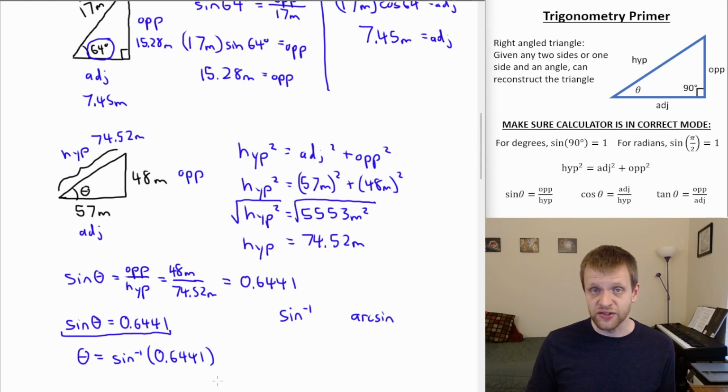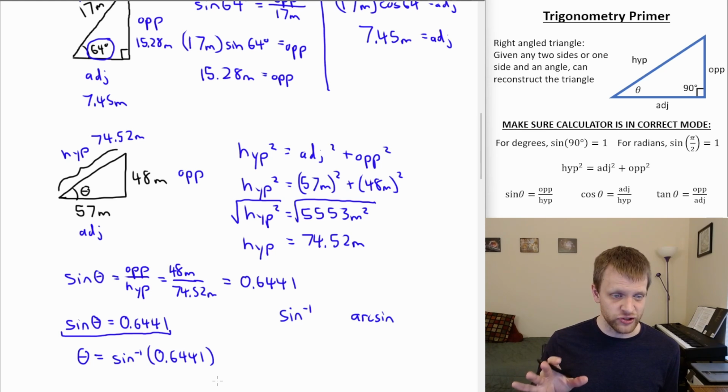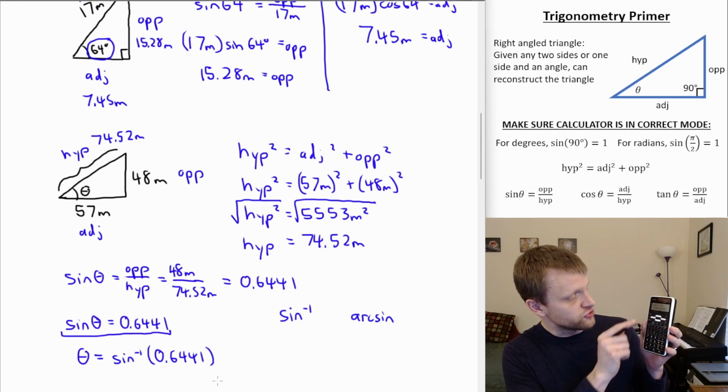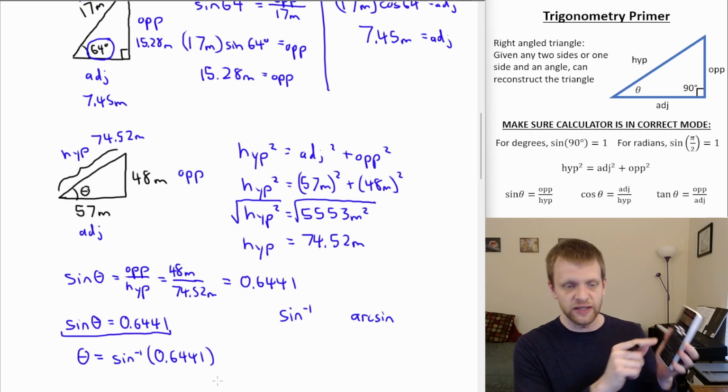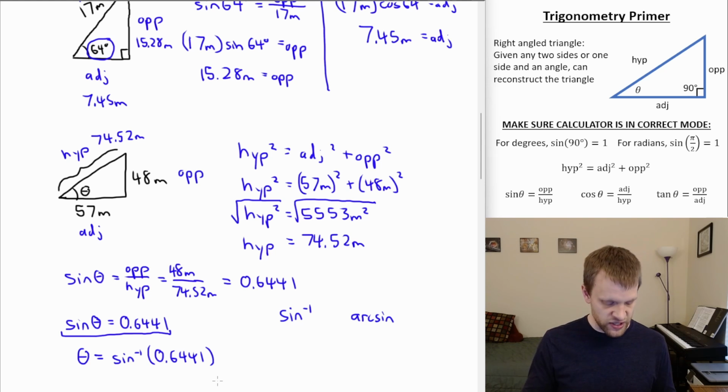And this, again, is something that you can plug into your calculator. You might have to check to make sure you know where that inverse sine button is. Very often on calculators, there will be a second function button. So it's like second function sine, plug in the number, and then that'll take the inverse sine. But if I take the inverse sine of 0.6441, in this case, I get basically 40.10 degrees.